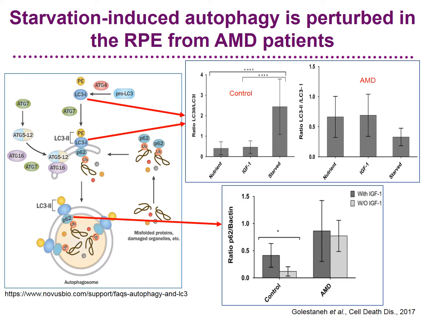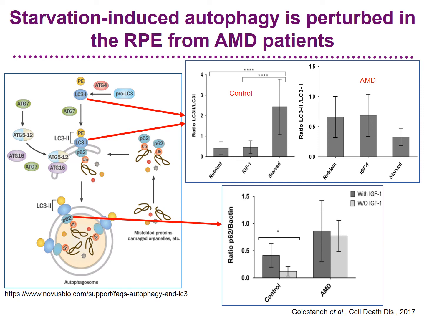An elegant study from the laboratory of Nady Golestaneh showed dysfunctional autophagy as an underlying mechanism contributing to the pathophysiology of the disease, using cultured human RPE from AMD donor eyes.